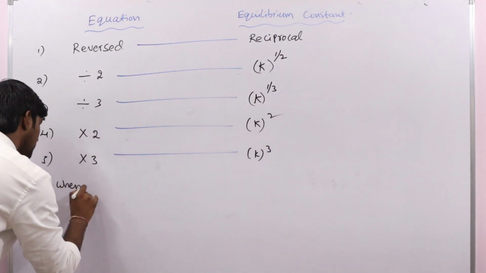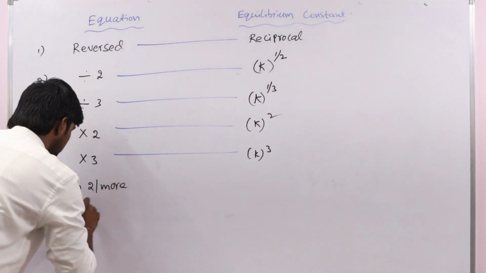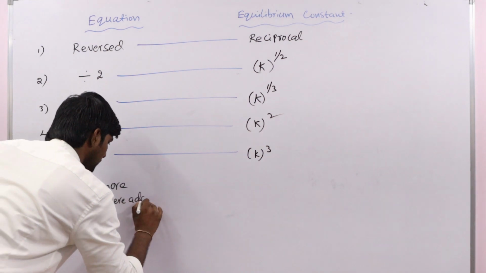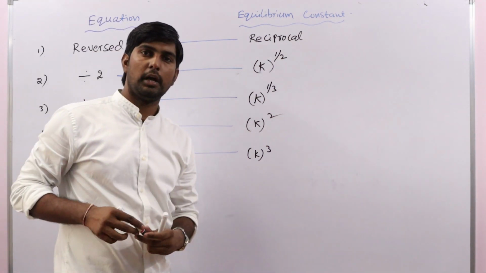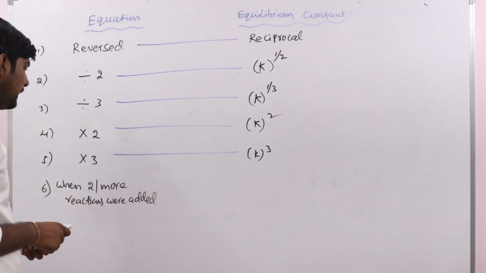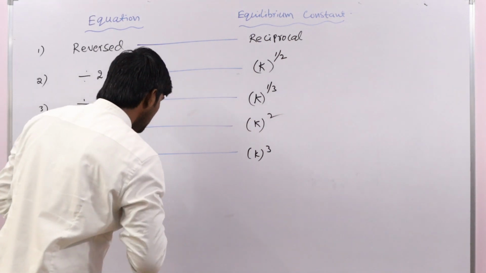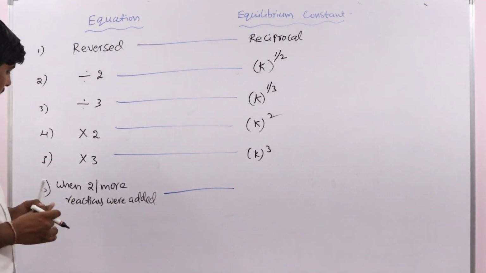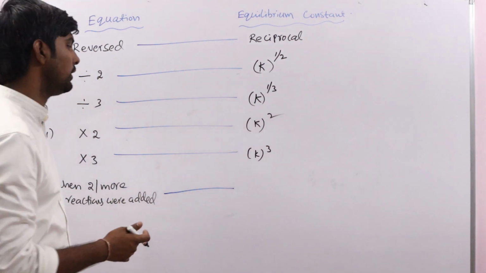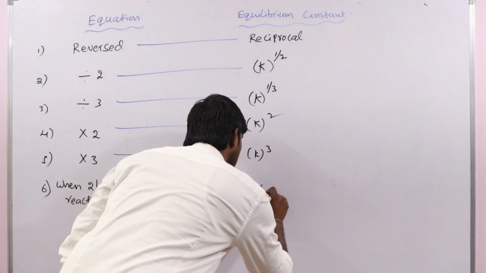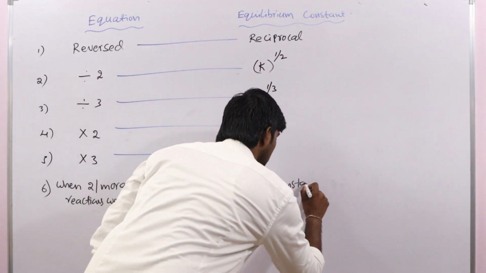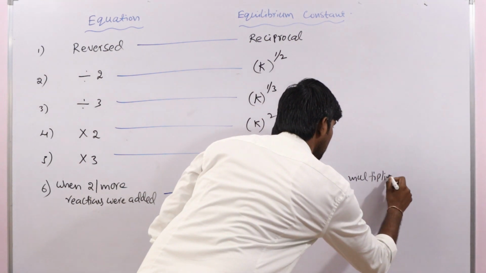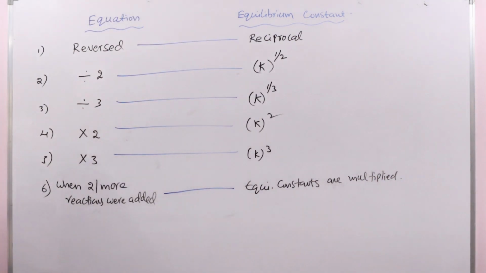When two or more reactions are added to get another reaction, and we know the equilibrium constant of all those reactions, then for the new reaction formed by the combination of those reactions, the equilibrium constants are multiplied.